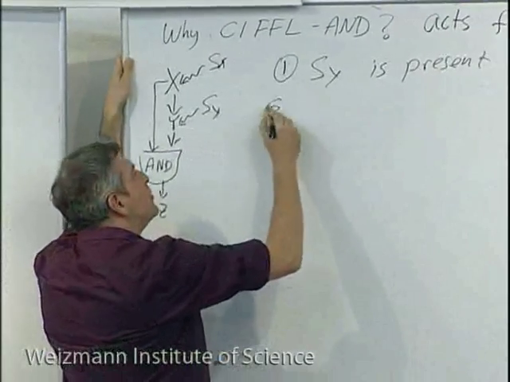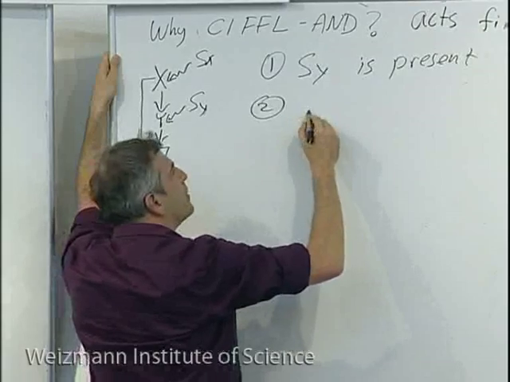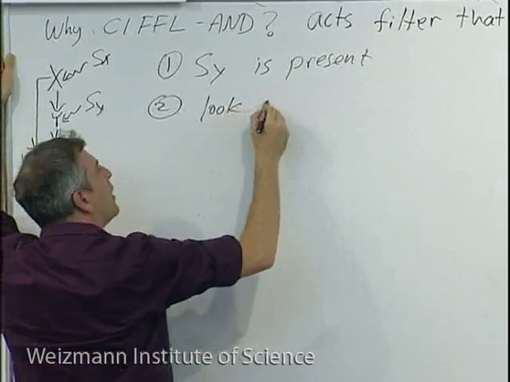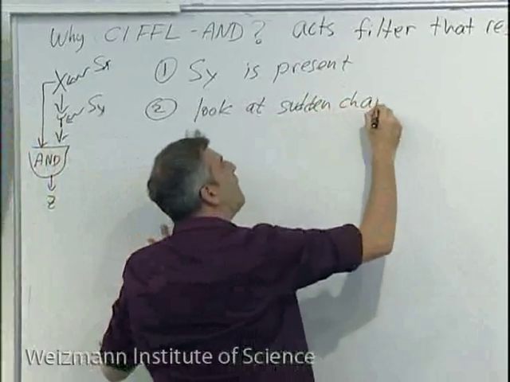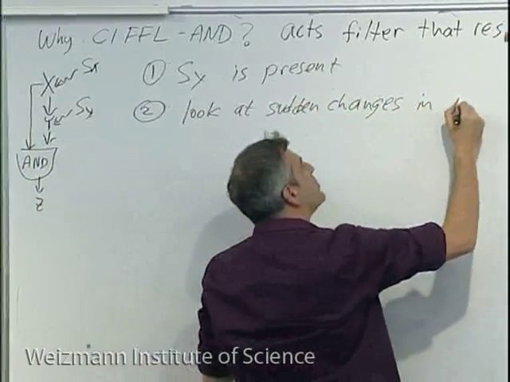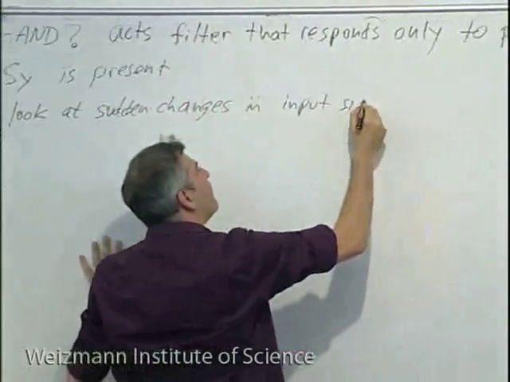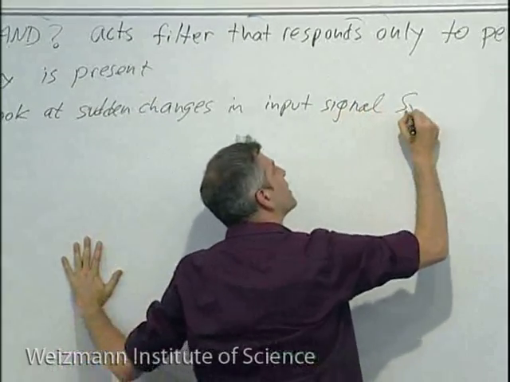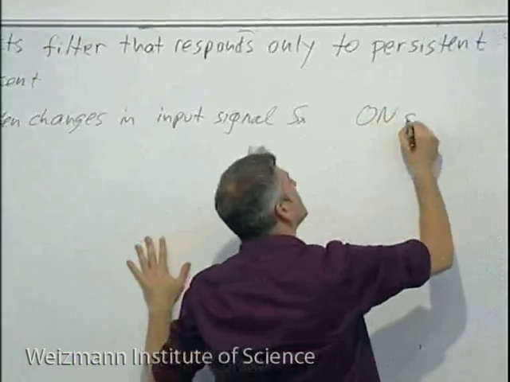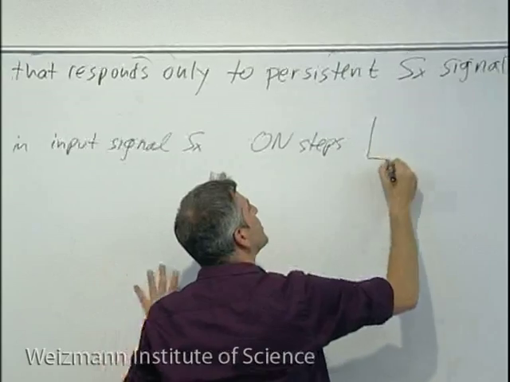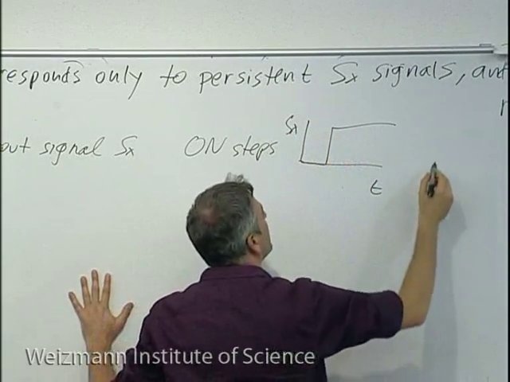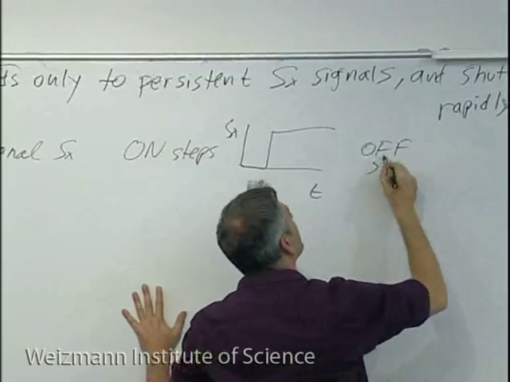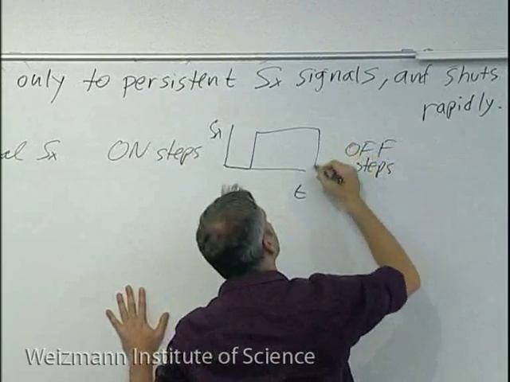We're also going to look at sudden changes in the input signal, SX. We're going to look at on steps, in which SX as a function of time goes up, and off steps, where it goes down.